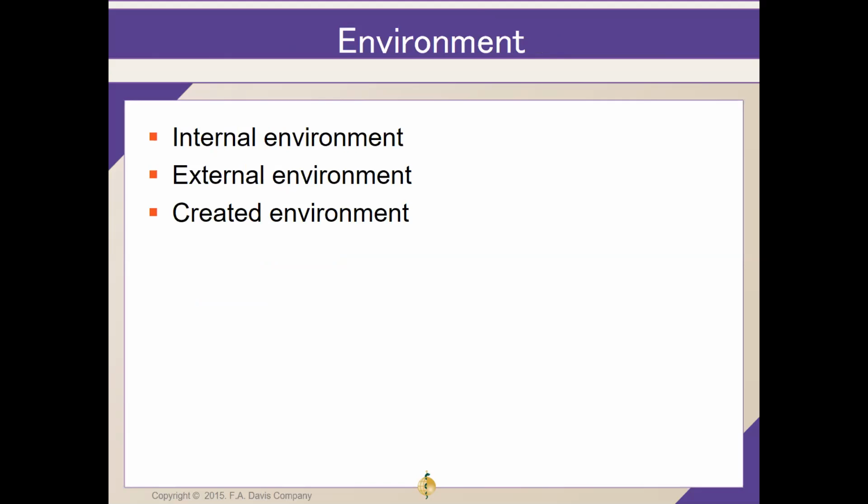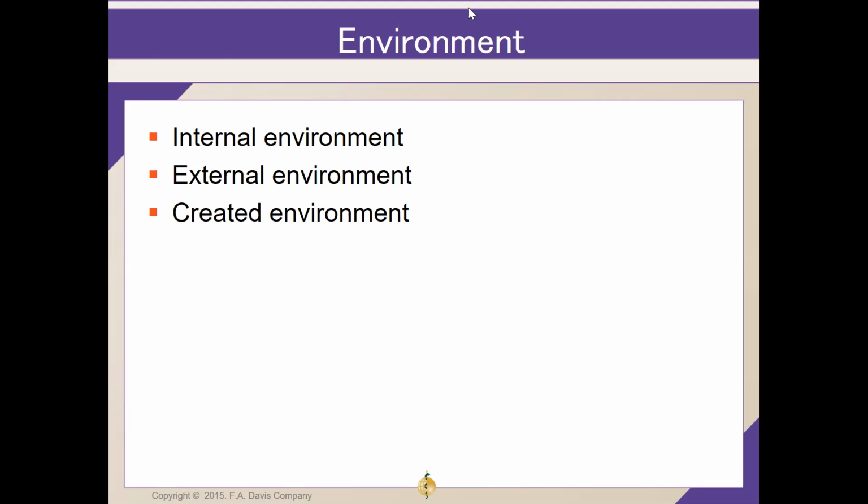Then there are these three environments that people have. An internal environment, this is basically how people react to the world around them internally. People can look very calm on the outside, but inside they can be experiencing stress. There's the external environment, and then there's the environment people create.